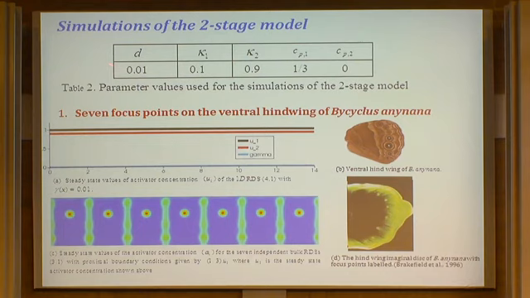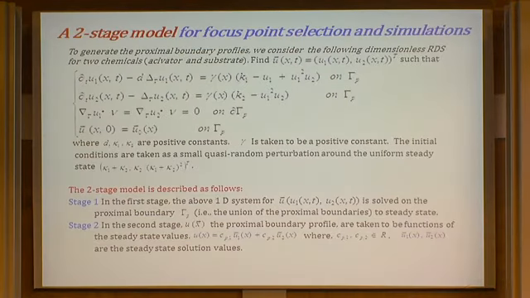Like this, okay? Simulation 1 is 7 focus points on the ventral wing span of an African butterfly, Bicyclus anynana, here. In this case, U1 is an activator and U2 is a substrate, and gamma is this parameter here.